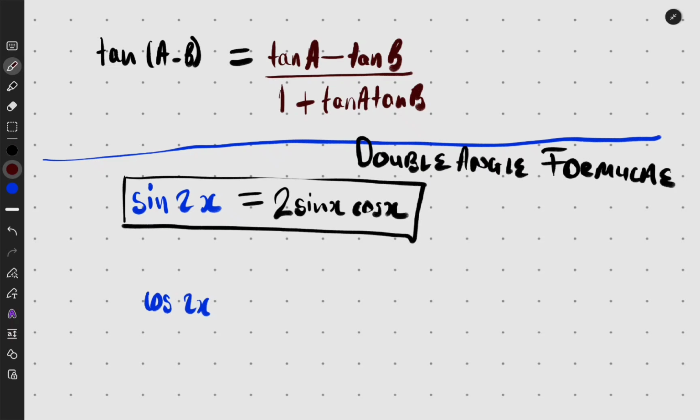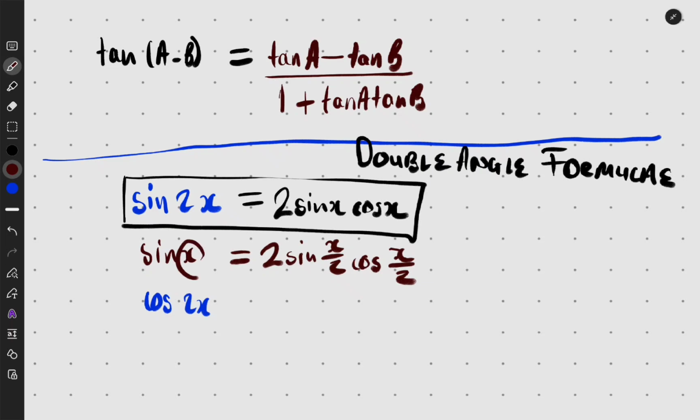Now, what you must see with double angles is, if this was a 2x, when you're coming from it, you just have it come here. So for example, sine x is 2 sine x over 2 cos x over 2.